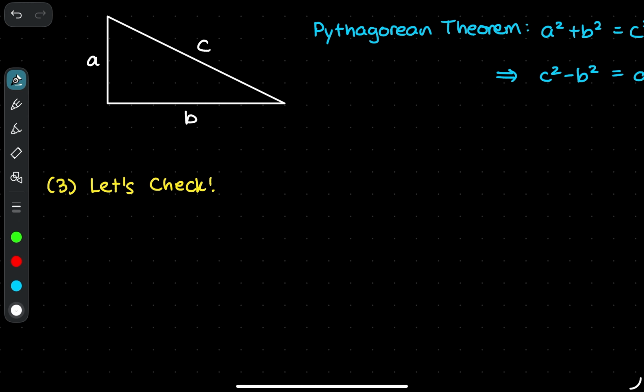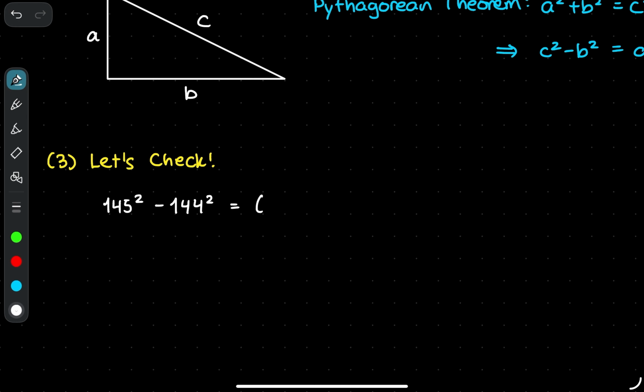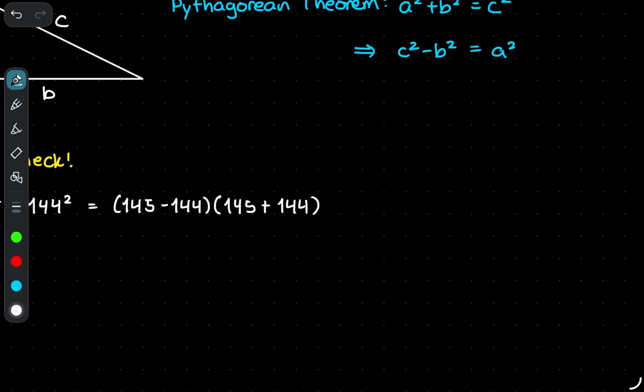Checking, we will be having 145 squared minus 144 squared. By algebraic manipulation, this is just equal to 145 minus 144 times 145 plus 144. Simplifying, this is just equal to 1 times 289.